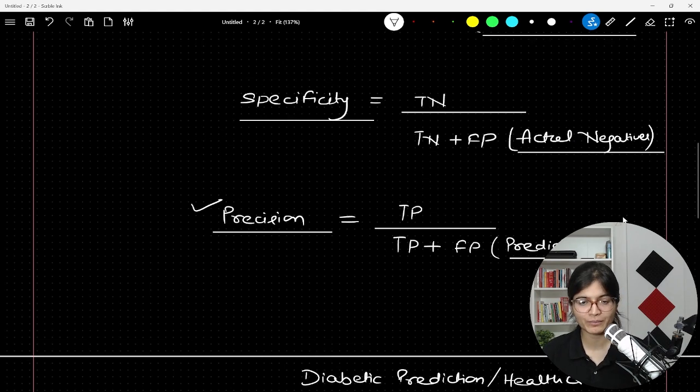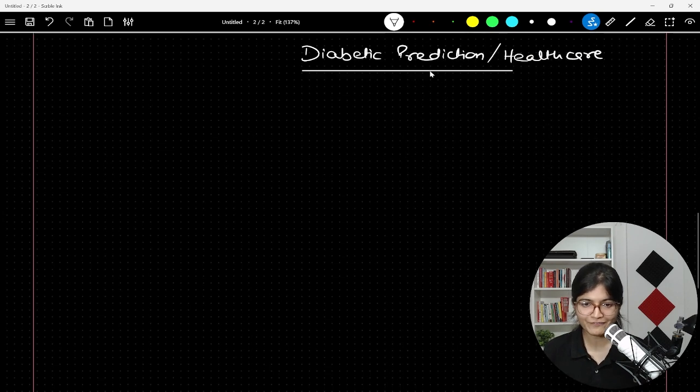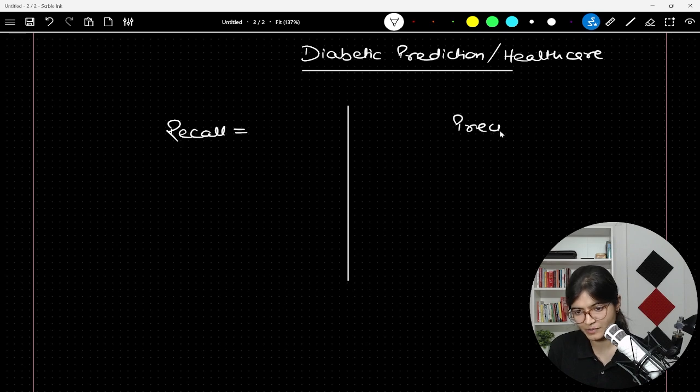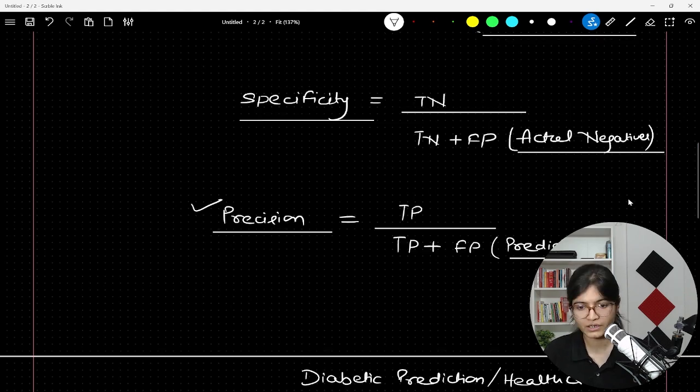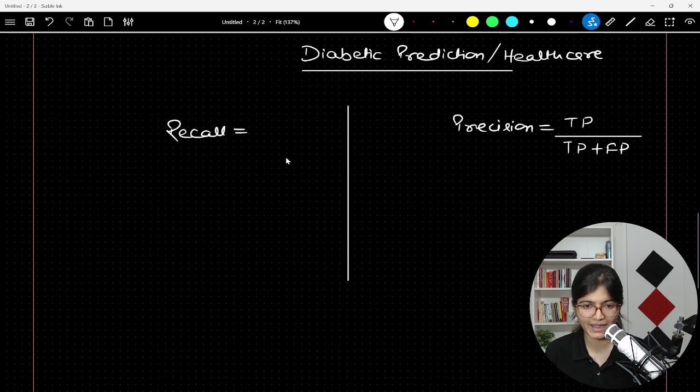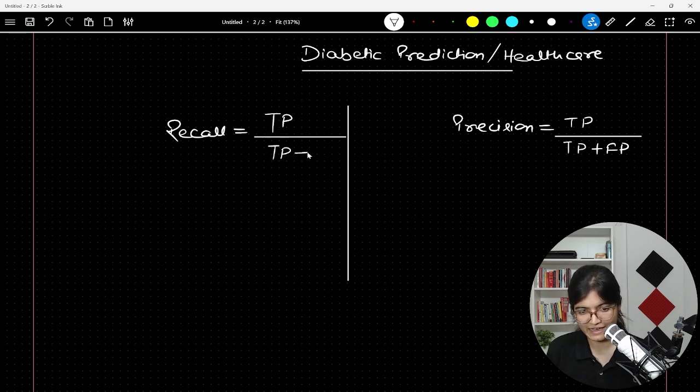In this case, we are comparing two evaluation metrics: recall and precision. Precision will be TP divided by TP plus FP. Recall will be TP divided by TP plus FN.